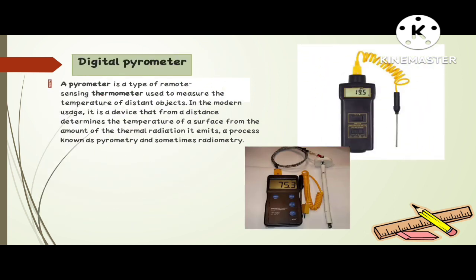Digital pyrometer. A pyrometer is a type of remote sensing thermometer used to measure the temperature of distant objects in the molten state. It is a device that determines the temperature of a surface from a distance, based on the amount of thermal radiation it emits, a process known as pyrometry and sometimes radiometry.